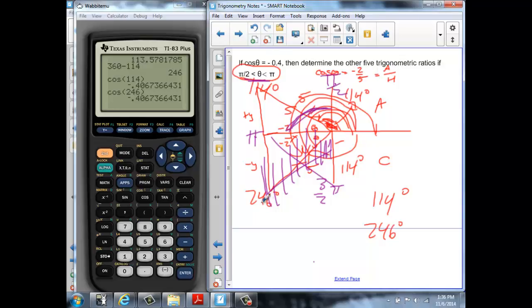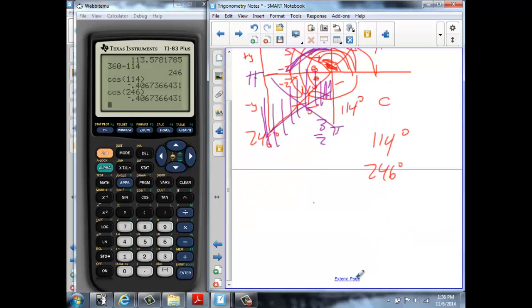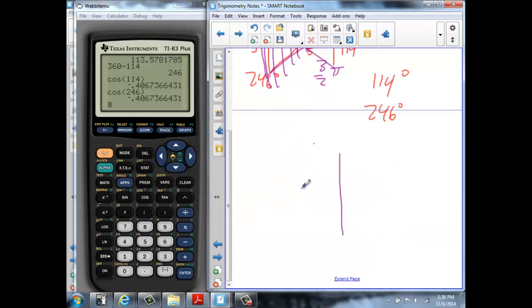Apparently 246 also works if I go a little bit further around the circle. This thing right here narrowed down which of the 2 angles I'm actually looking for. So now I'll redraw it a little bit neater, because it's getting a little messy. I know I'm looking in this quadrant here. This guy was -2, this guy was 5, and I know that all the way around to here was 114 degrees.